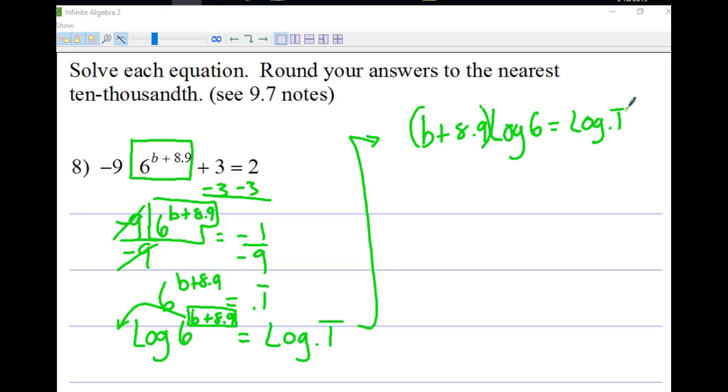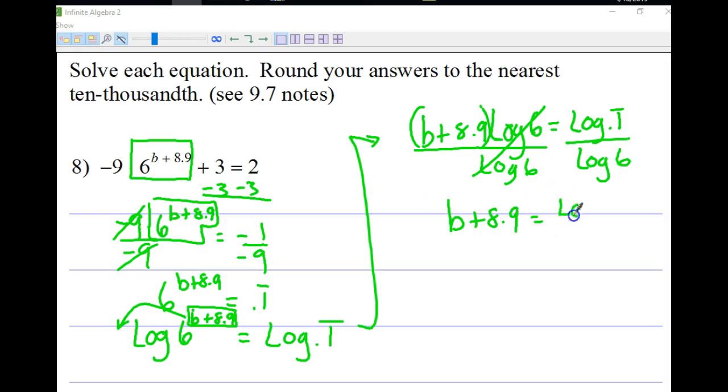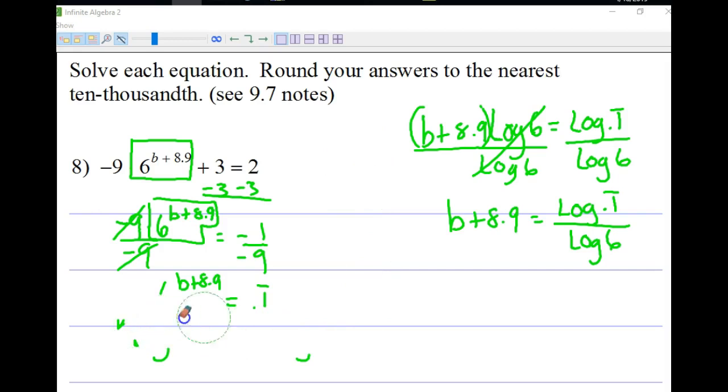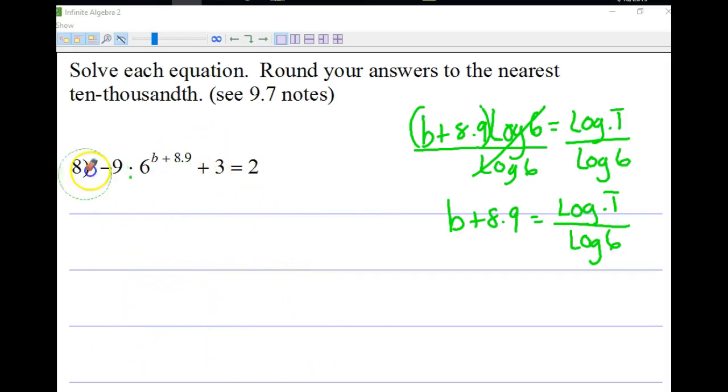The next thing you would want to do, remember we're trying to get b by itself here, is I'm going to divide both sides by log 6 to cancel that out on the right side. Okay, so from here I'm going to need a little help from my calculator. I've got to figure out what is log of 0.1 divided by log of 6. So let's do that.